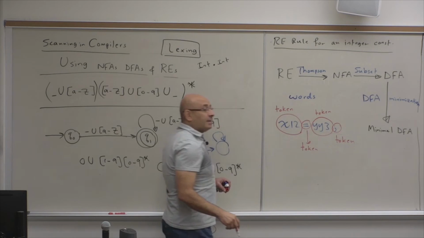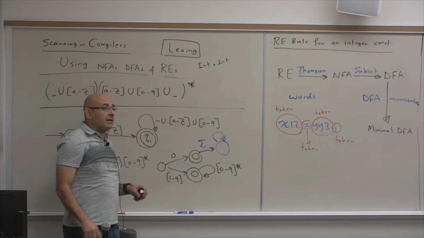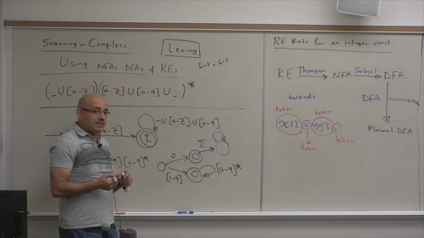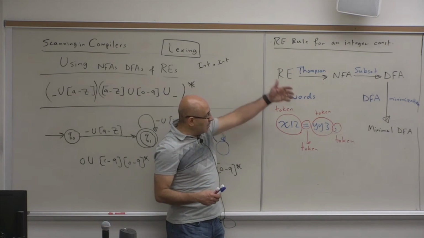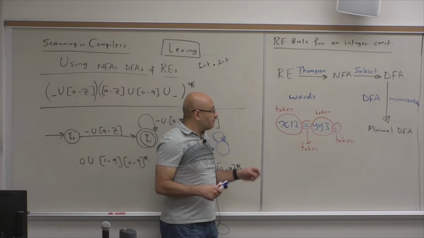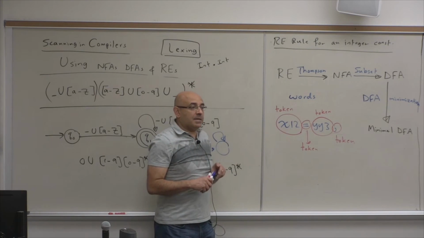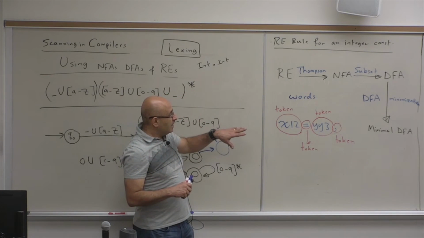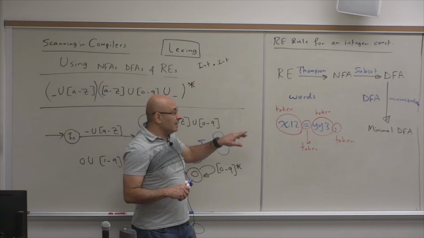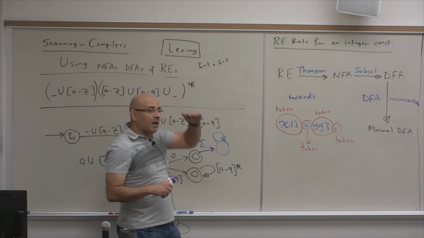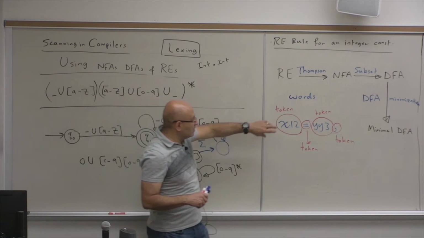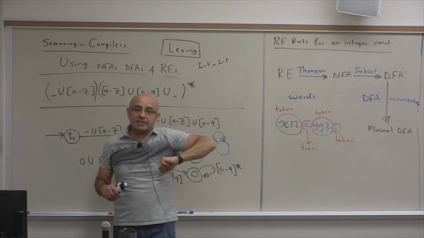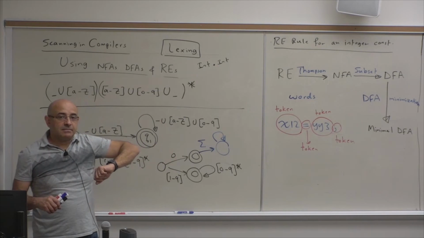So basically the tokens that get recognized during the scanning phase become the alphabet for the language that the parser is based on. So a string on the parsing level consists of tokens or words that get recognized during the scanning phase.